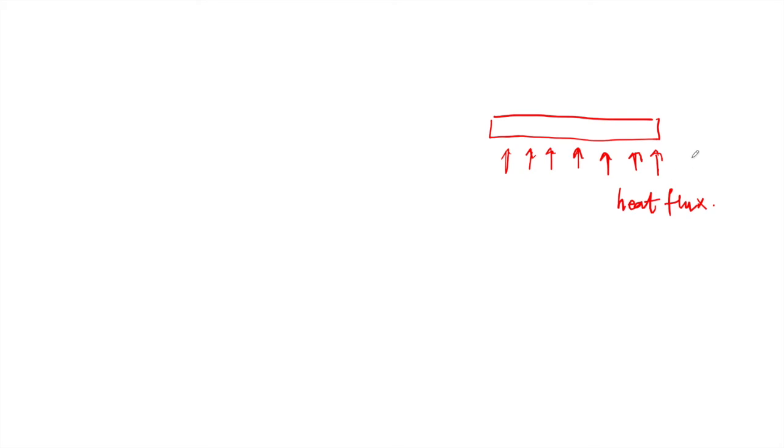Maybe the uniform heat flux comes from an electrical heater, which is one example of constant or uniform heat flux. Normally, questions that give you uniform heat flux will not give you the temperature Ts, but they will give you T infinity.